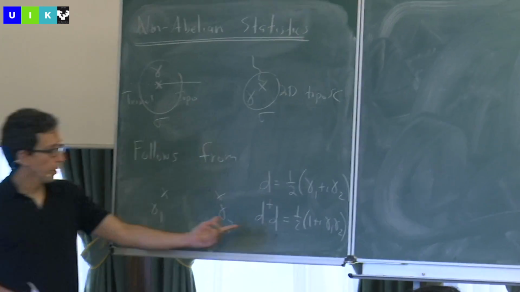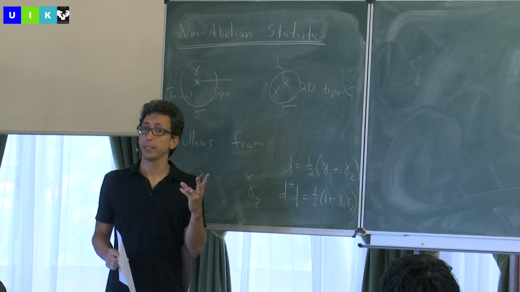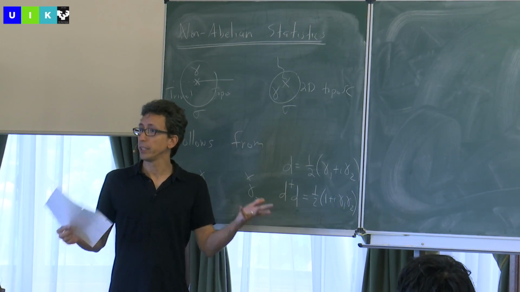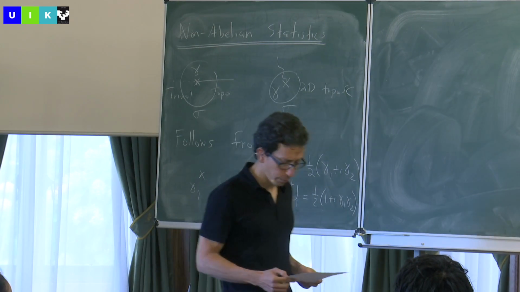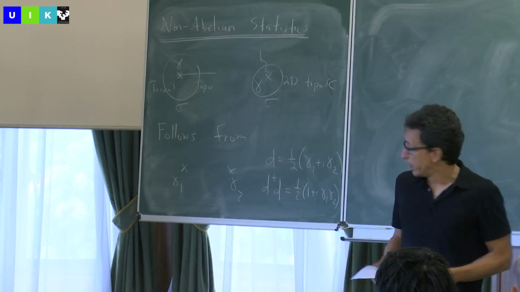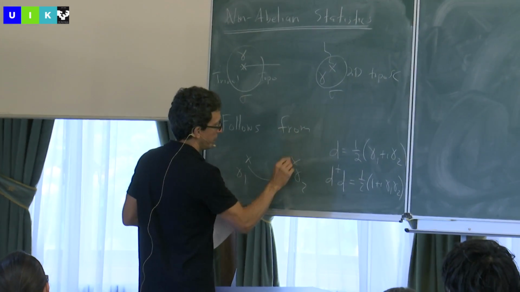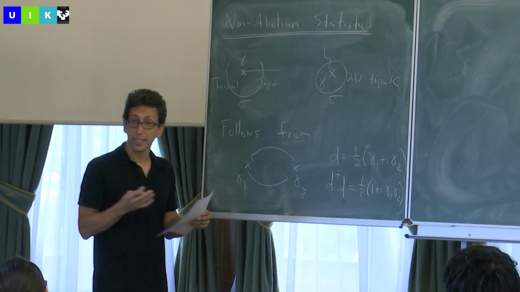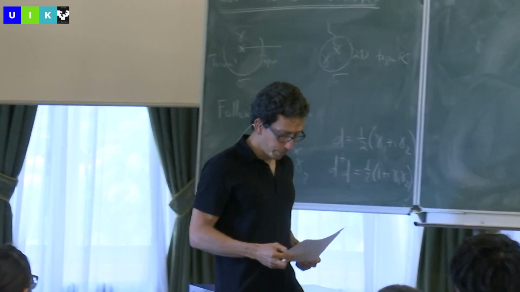Recall that if you just have a pair of these Majorana zero modes, you have two ground states, one which has a total even number of electrons, the other which has a total odd number of electrons in the many particle wave function. With that in mind, I now want to ask, what happens if we imagine adiabatically swapping the positions of gamma 1 and gamma 2?